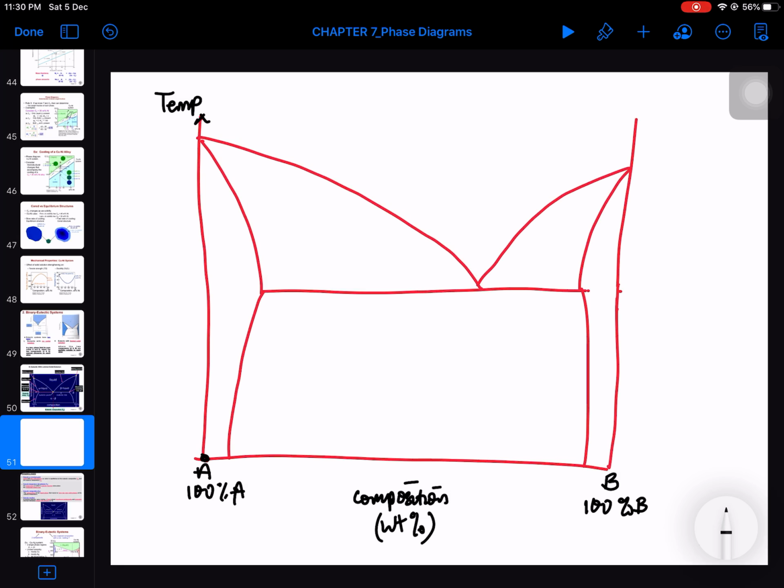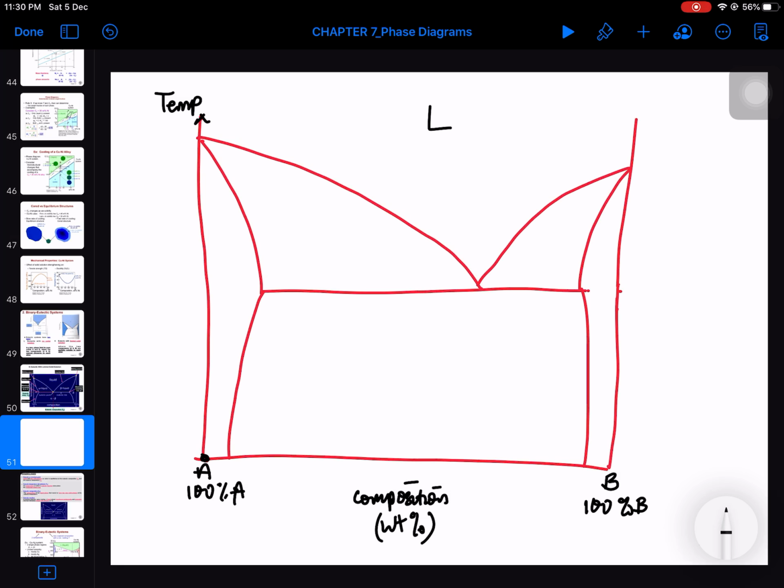But for a binary eutectic phase diagram with limited or partial solid solution, we have more phases coming in. Again, the top of the phase diagram is still the all liquid phase.